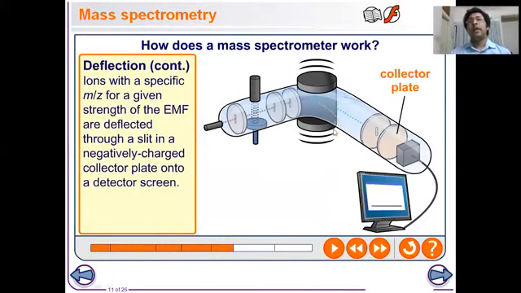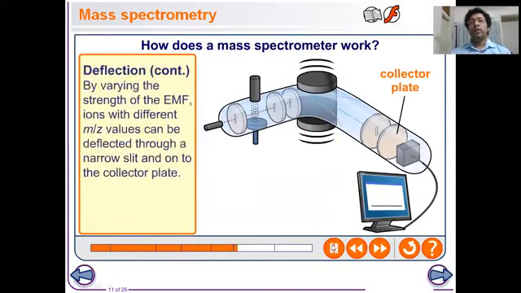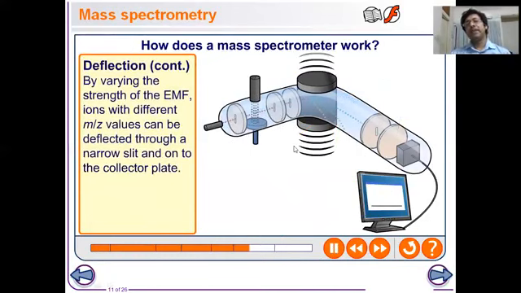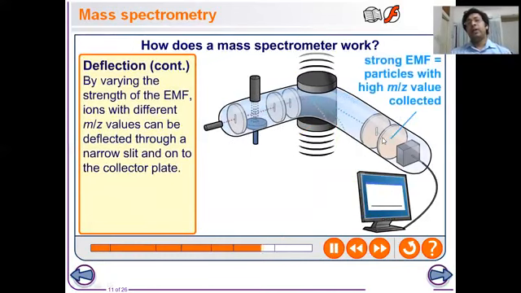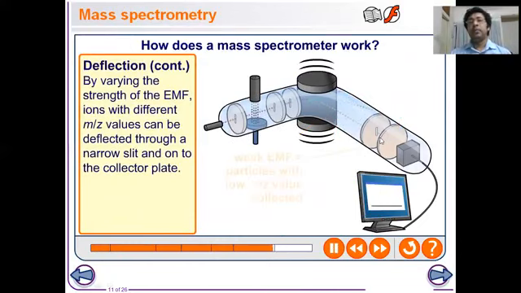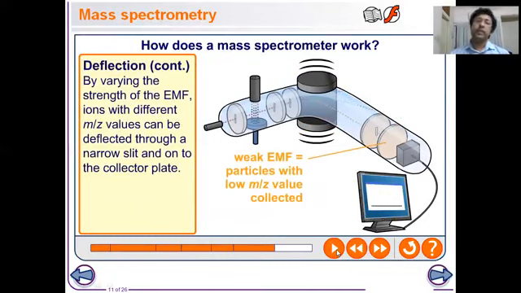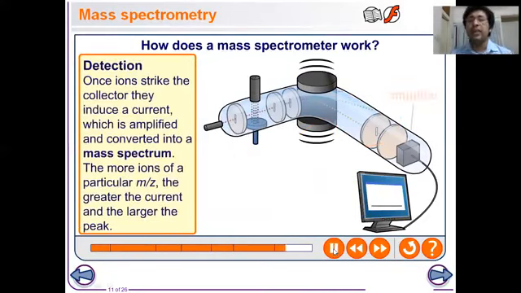Then three different types of beams will be deflected and will pass to the detection chamber. In the detection chamber, the charged particles will be transformed into atoms and will strike the detector plates.